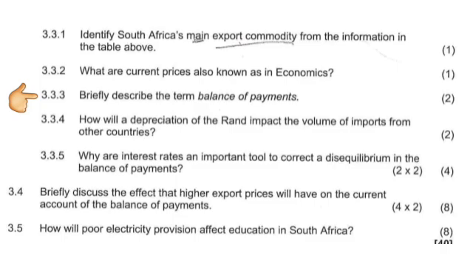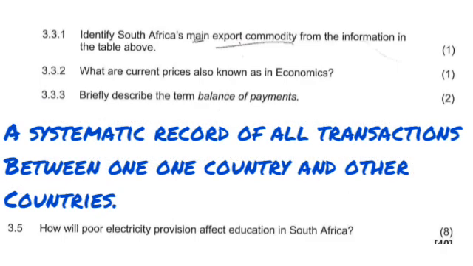When you define balance of payment, you will say it's a systematic record of all transactions between one country and other countries. So basically, if it's trade between South Africa and Zimbabwe, it is how we keep record of how we transact with Zimbabwe, what we export to them and what they import into our country, and how much we owe them, if there are deficits or debt. All of those things we record in the balance of payment.